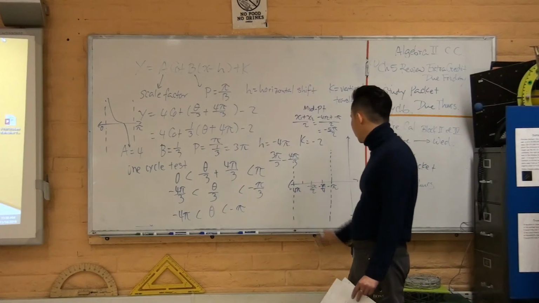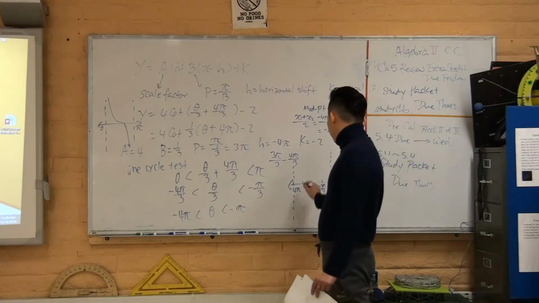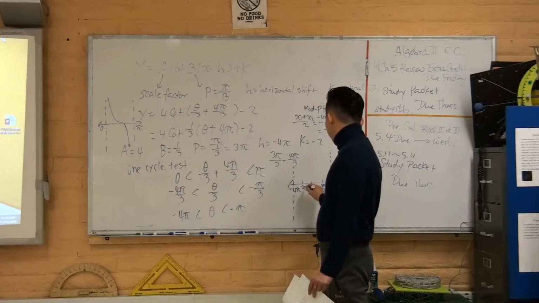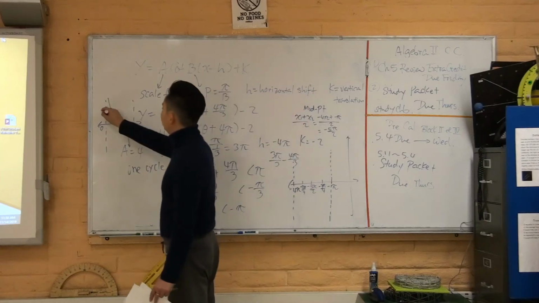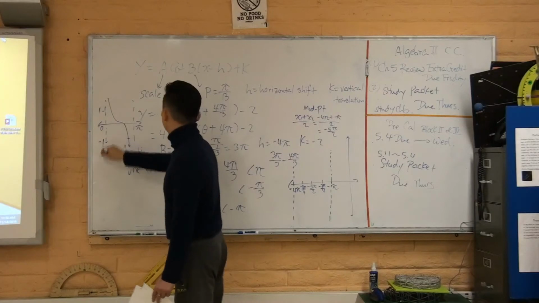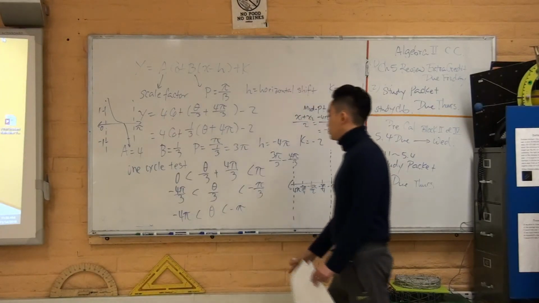Then over here, 13 pi over 4. Changing curve. Normally this one would be as is, but because of the scale factor, we need to make it vertically stretched.